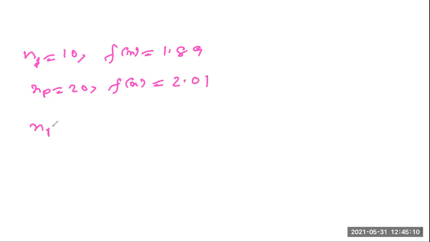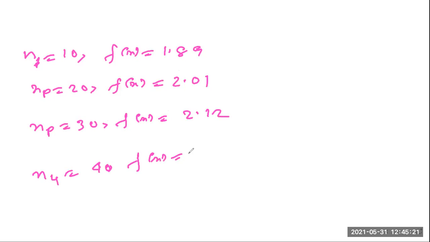If you have assumed NP equal to 30, you are getting fx equal to 2.12. If NP equal to 40, you are getting fx equal to 2.18. And if NP equal to 50, you are getting fx equal to 2.29.